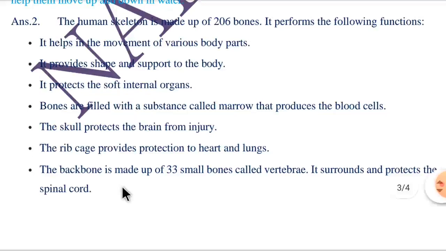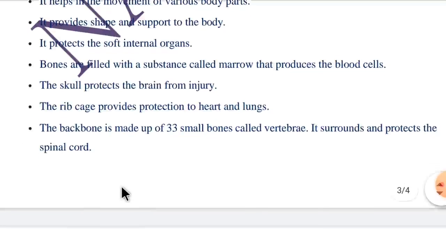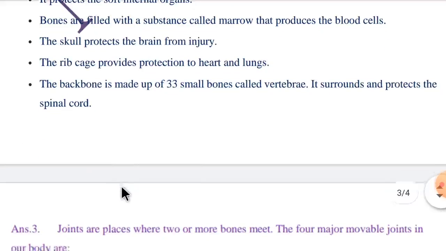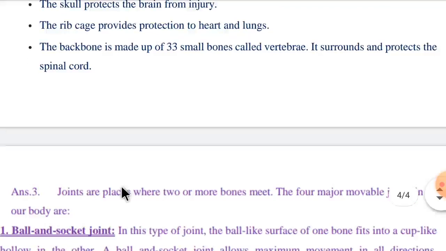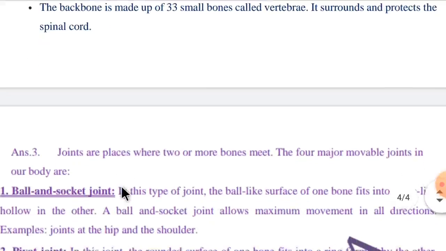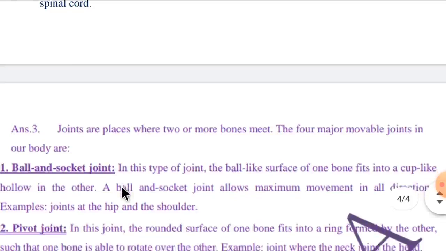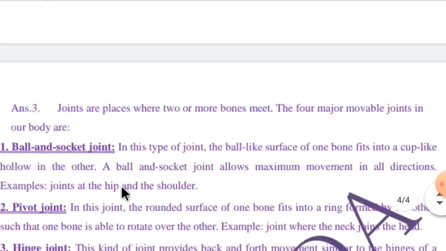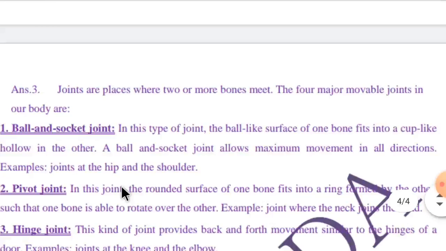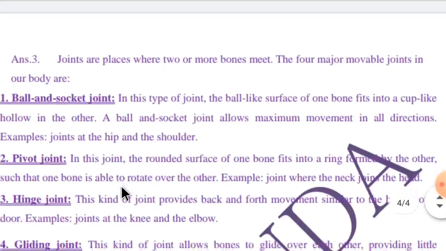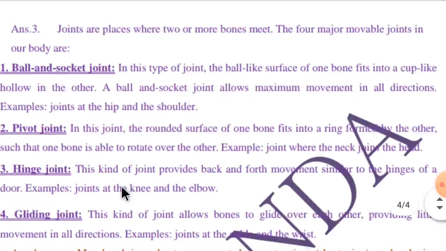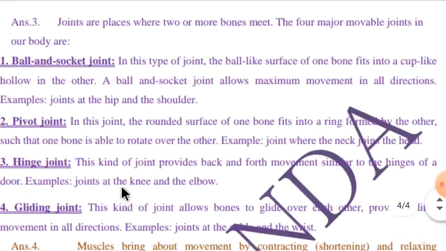Right. Let's see the next, the third one: what are joints? Explain the different kinds of movable joints and their movement with example. Right.